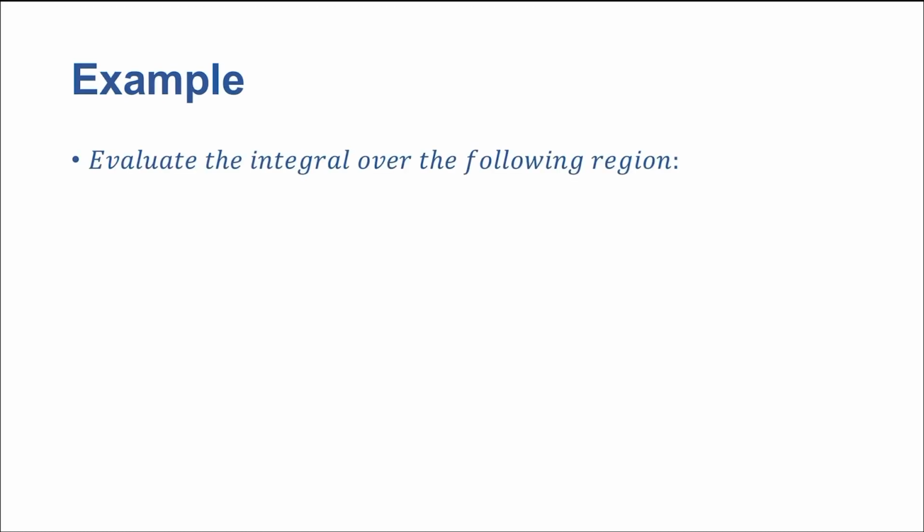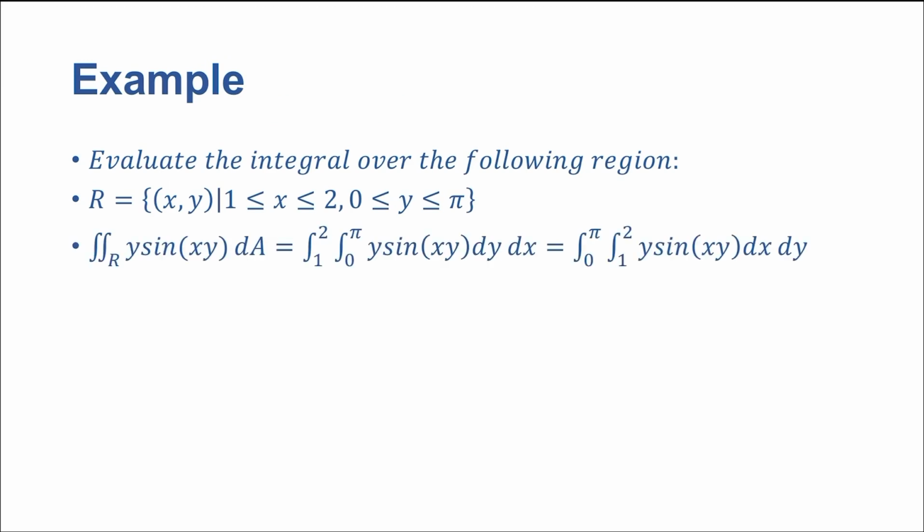Let's try an example. Let's evaluate the integral over the following region, where R is the set of ordered pairs with x between 1 and 2 and y between 0 and pi. We want to integrate over the region y sine of xy dA.